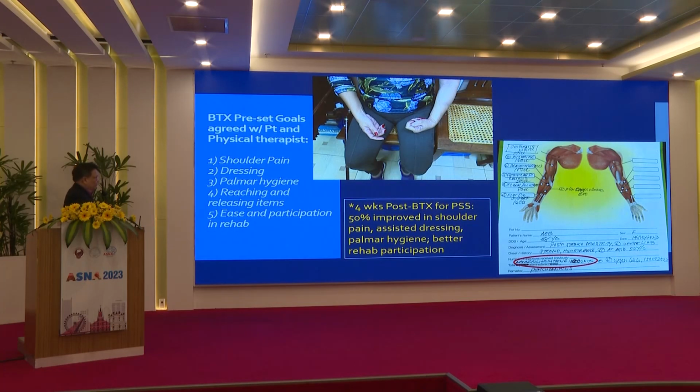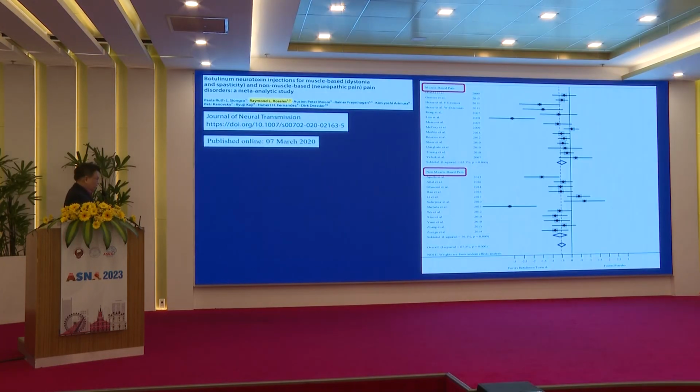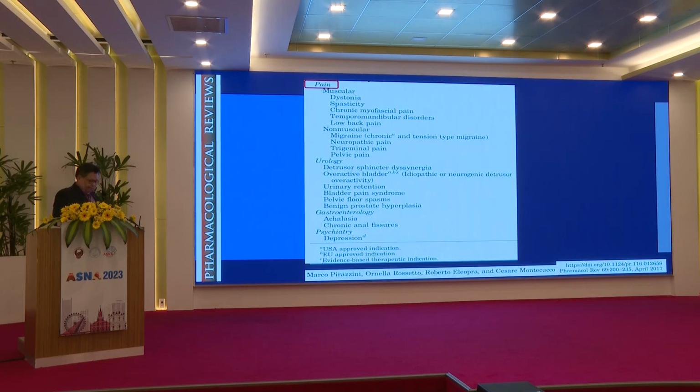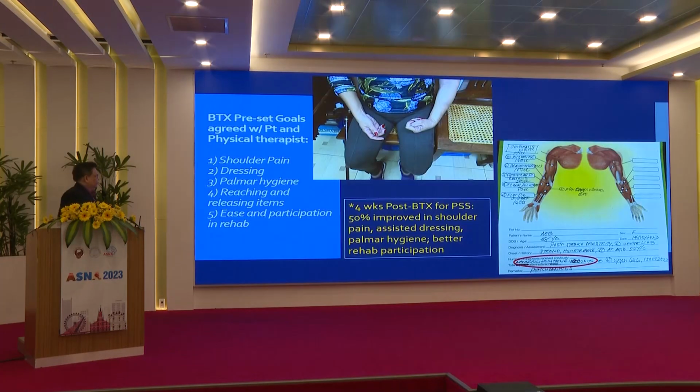So we did botulinum toxin, even if these were 4 years down the line from the time that she had a stroke. So these were the areas where we injected.